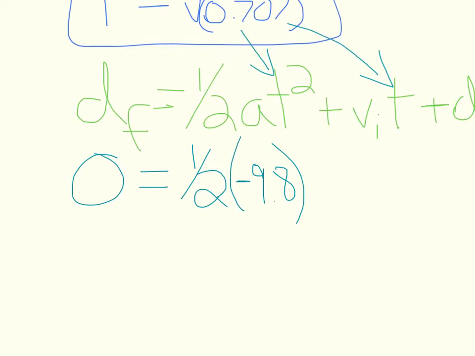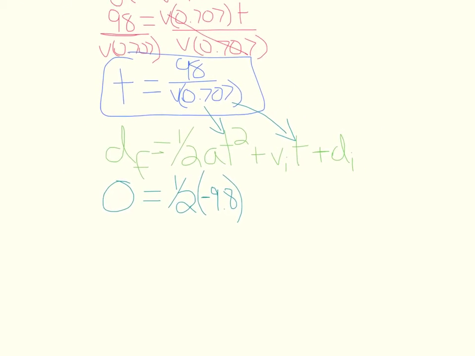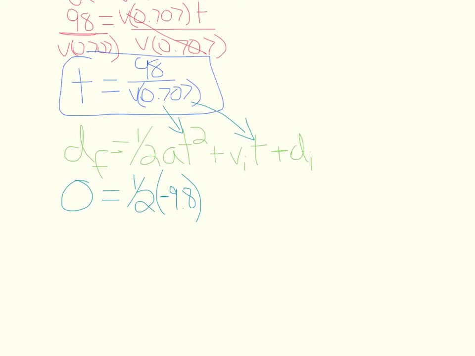And then, let's slide this over a little bit or zoom out. Okay, and then we know that our time is going to be 98 over v times 0.707 squared, plus the initial velocity.